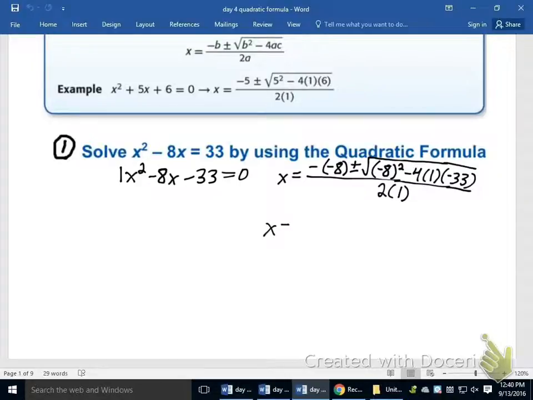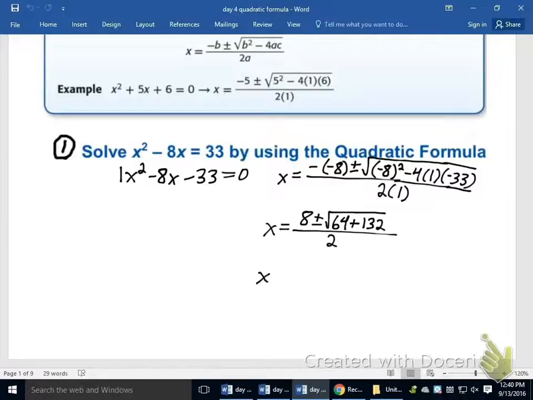Now let's simplify everything down as much as I possibly can. Negative 8 is positive 8, plus or minus the square root. This will be 64. Negative 4 times 1 is negative 4. Negative 4 times negative 33 is positive 132. And 2 times 1 on the denominator gives us 2.